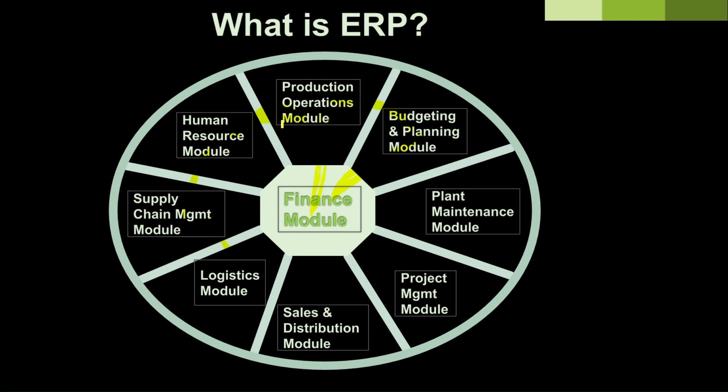There are integrations wherever they are needed: within supply chain, human resources, logistics, sales and distribution, there will be integration from module to module. And then finally, there's a third integration level, which is that every module is integrated with finance.